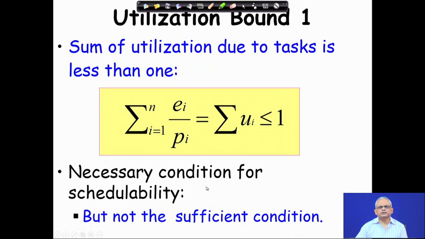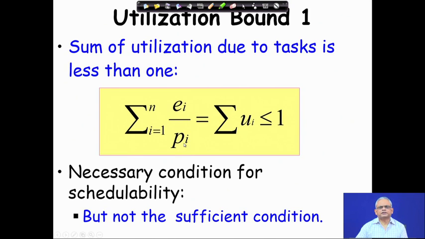This is a necessary condition, but a task set that meets it, sigma E_i by P_i less than 1, where E is the execution time and P is the period, needs further conditions to be checked. Just because a task set has met this condition does not mean that the task set is schedulable. But if you remember, in the EDF schedulers, this was both the necessary and the sufficient condition.